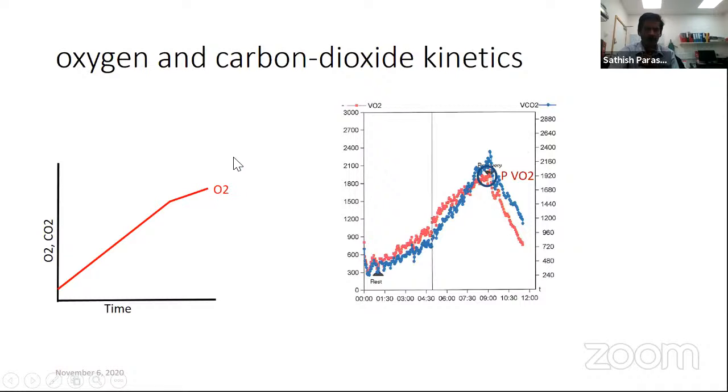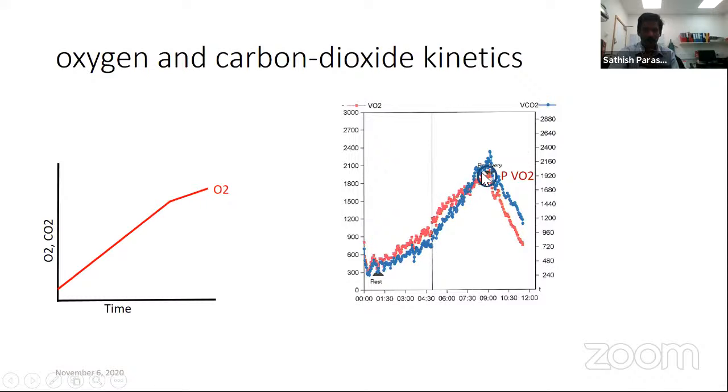This is called the peak oxygen consumption. The amount of oxygen consumed at the peak test is called the peak VO2, or the peak oxygen consumption. Here on the right-hand side graph, you have a real-life test graph. The red one is the oxygen consumption in this graph against time in the x-axis. And then the oxygen consumption steadily increases, and then it plateaus towards the peak.